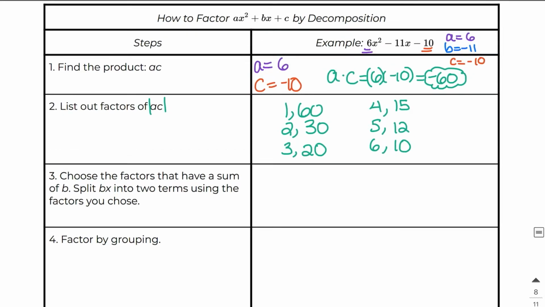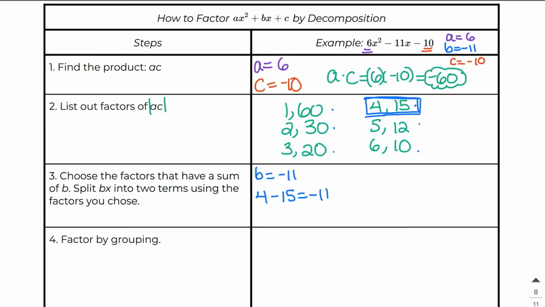Here, our b value we know is negative 11. Which one of these possible values could give me a negative 11? I can only get it from the 4 and the 15 if the 4 is positive and the 15 is negative.